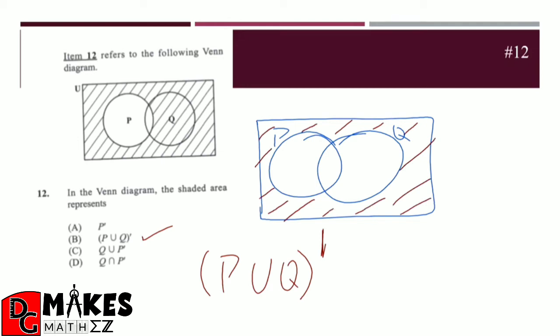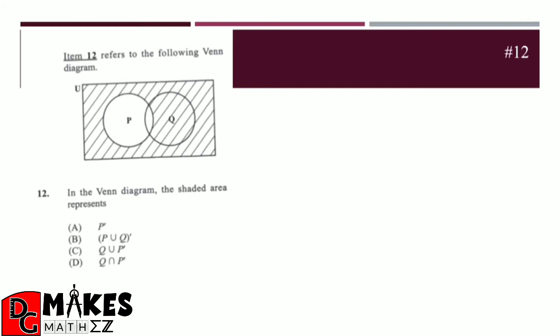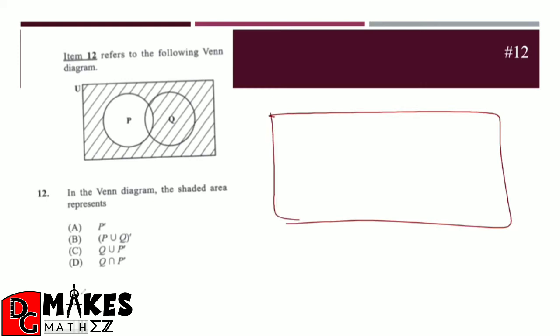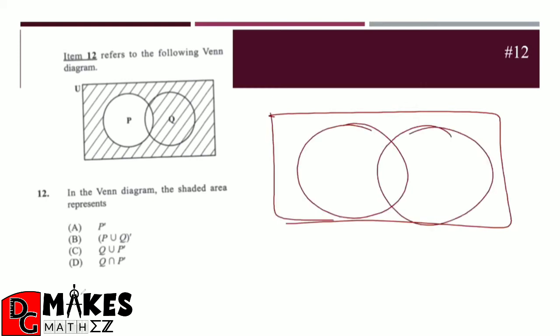All right. If we look at C, so this is just some additional pointers when it comes to complement. C says we want the union of everything that's in Q and P complement. Again, I'm going to just use two different colors. So everything that's in Q is this.